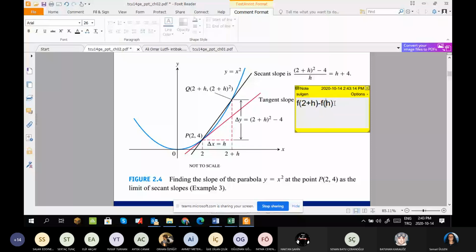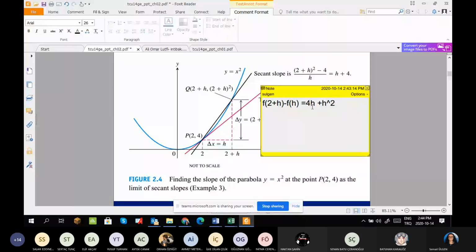Okay, so this is equal to, I'm going to just calculate this. 2 plus h, we did that, it is 4h plus h squared, right? And if you divide this by h, you're going to get 4 plus h.